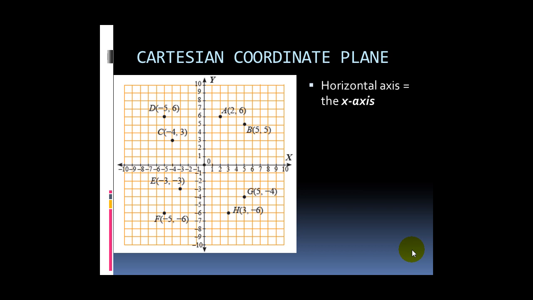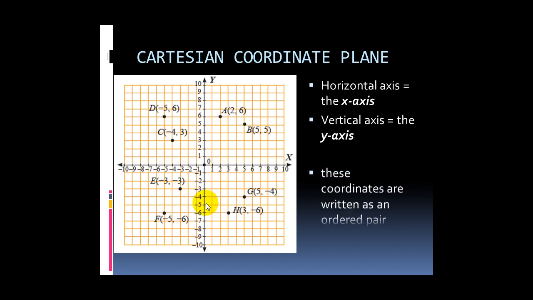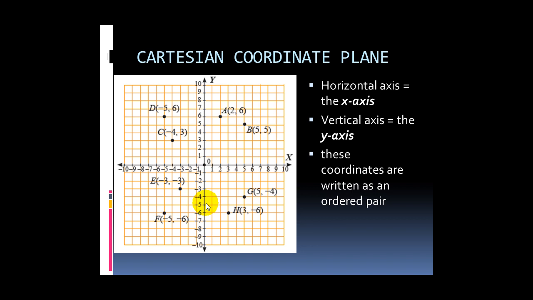The Cartesian coordinate plane contains a horizontal axis, yang mendatar ini, the x-axis, and then the vertical one called the y-axis. Positive integers and then negative integers, up and down. These coordinates are written as an ordered pair.